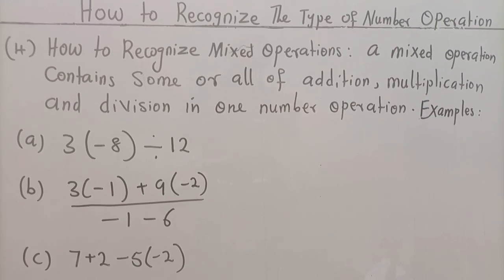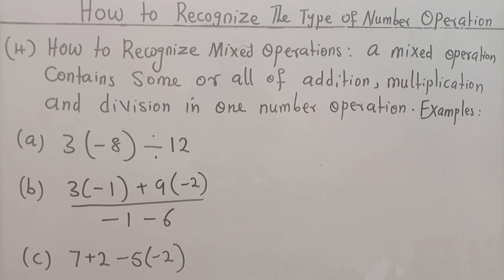And now the fourth one, that is how to recognize mixed operations. As earlier learned, a mixed operation contains some or all of addition, multiplication, and division in one number operation. It is possible to see a number operation containing more than one type of number operation.